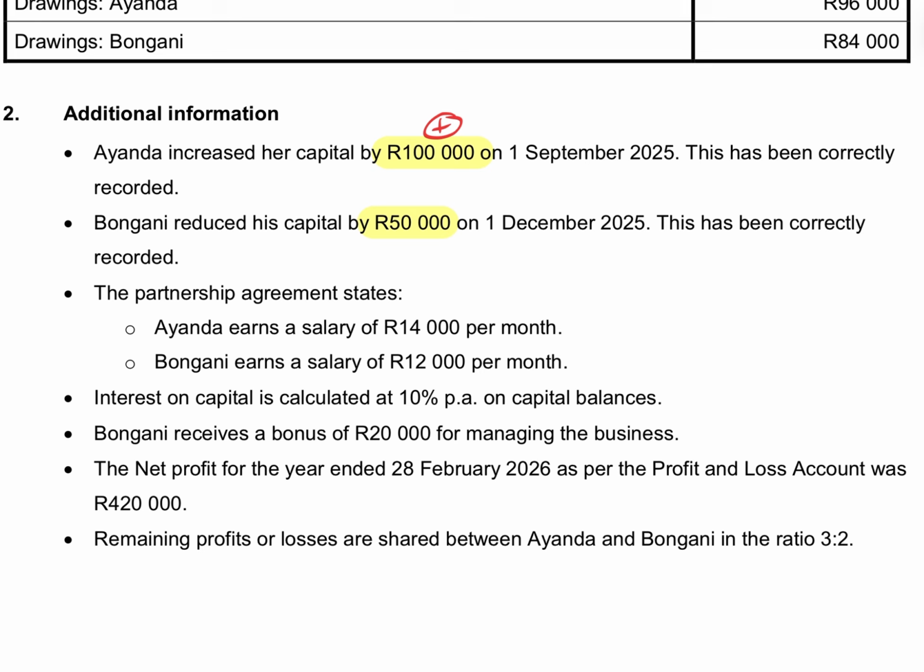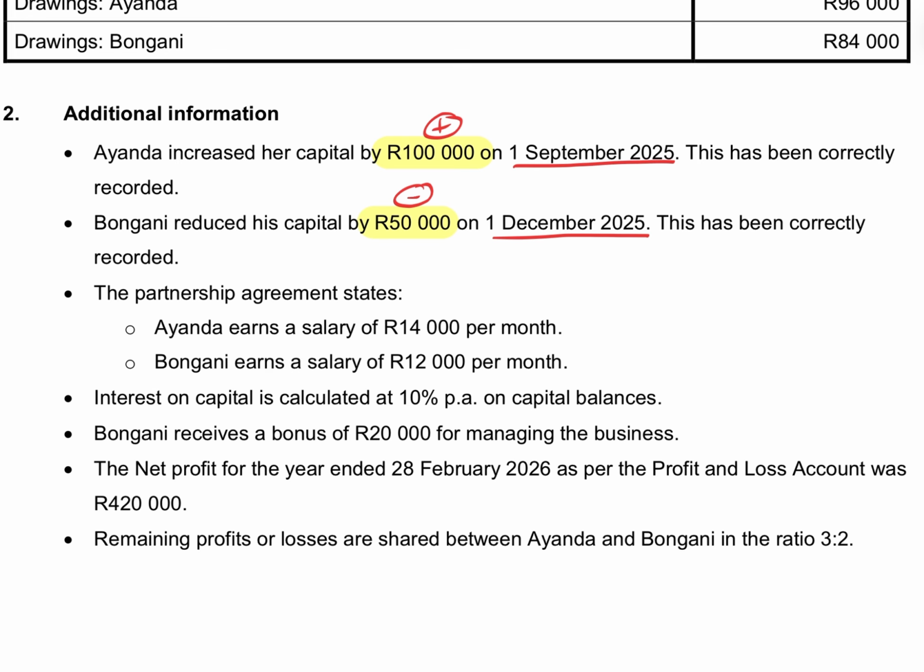I'm going to say minus here, on the 1st of December 2025. So these dates are very important, and also the information says this has been correctly recorded. The question tells us that both of these transactions have already been recorded. That means the capital balances given in the trial balances are the closing capital balances.